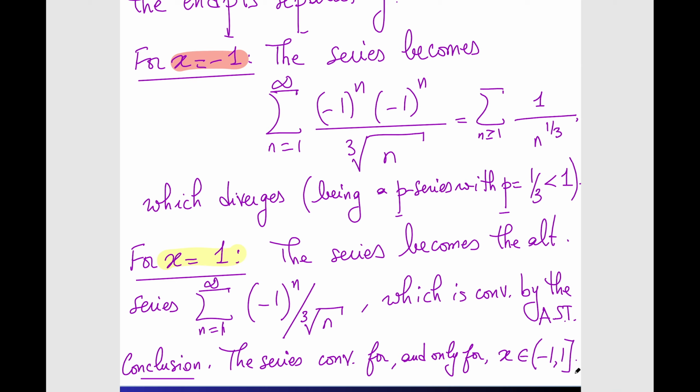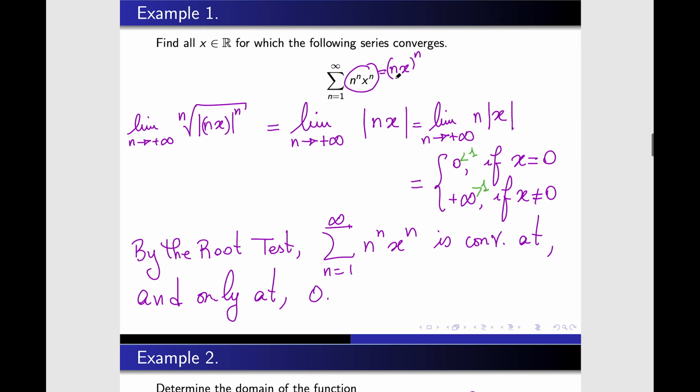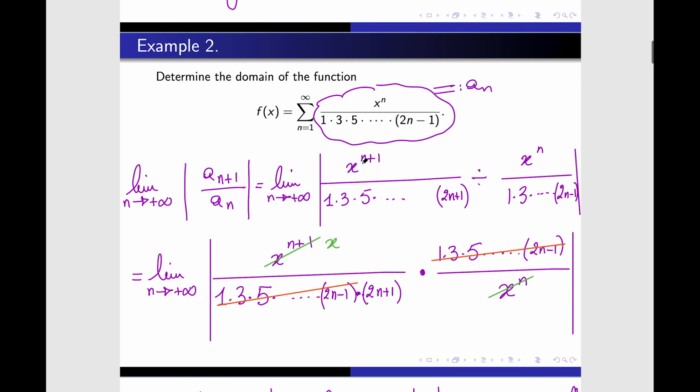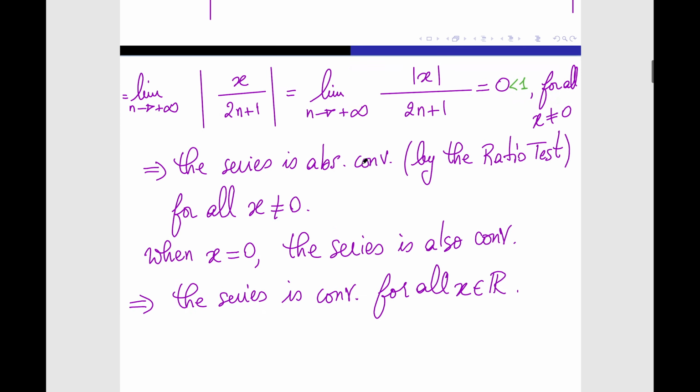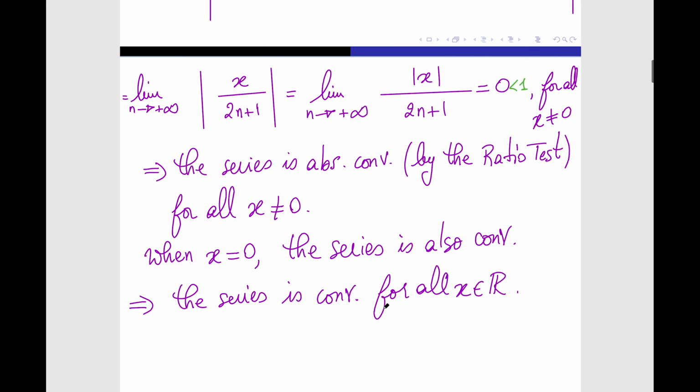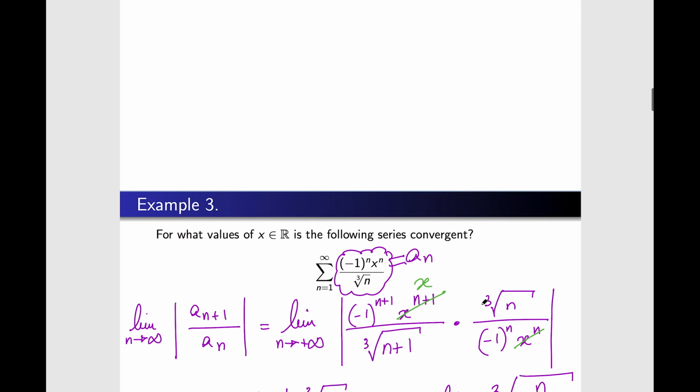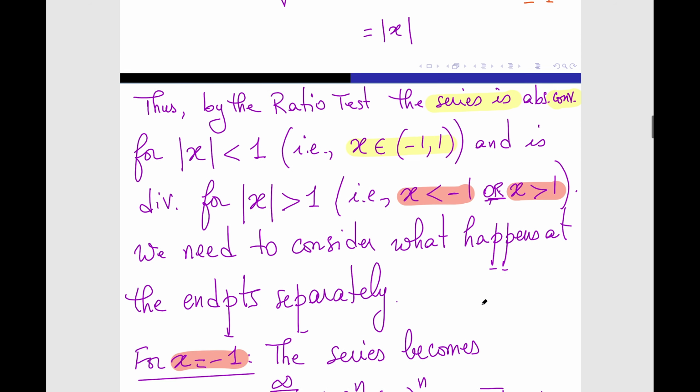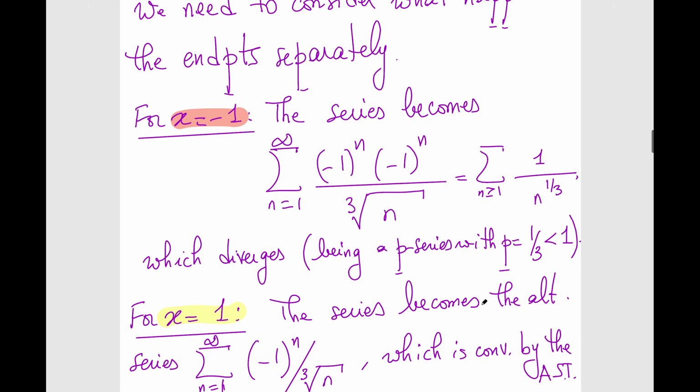Okay. Let's make the following observation. In all three examples that we had so far, let's go back to the first one. In the first example, we had convergence only at 0, which is the center of the series. In example 2, we had convergence on all of R, and in the last example we had convergence between -1 and 1, correct?